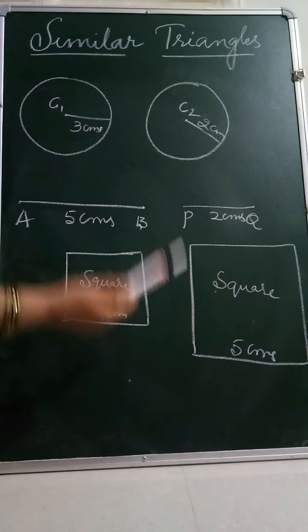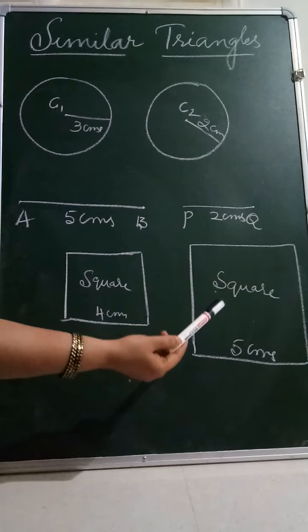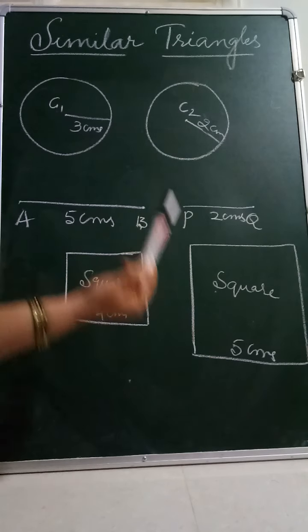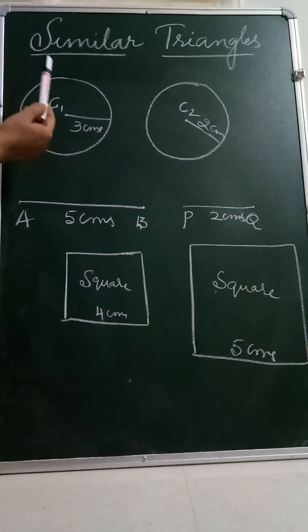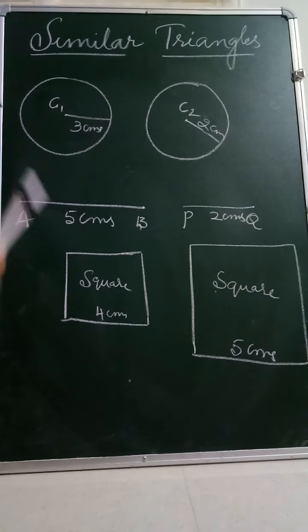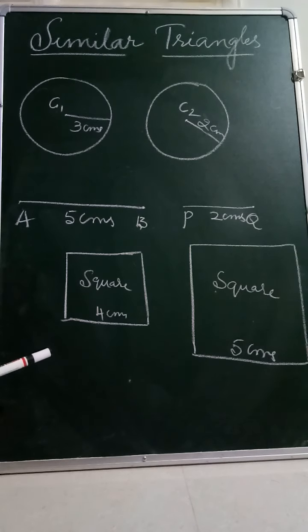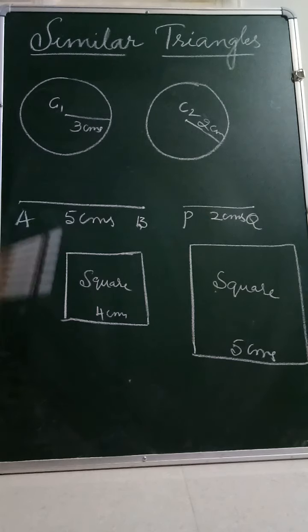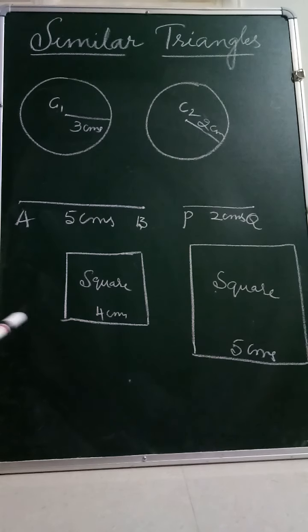Two squares, their shapes are same but sizes are different. So what can we say about similar figures? It's not a triangle only. Similar figures are those which have the same shape but different sizes.